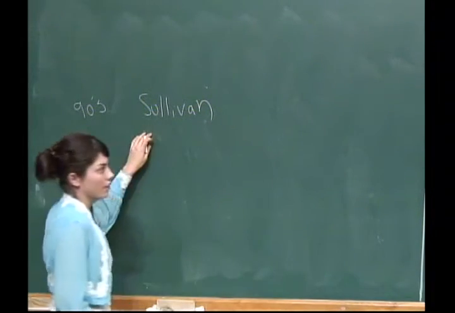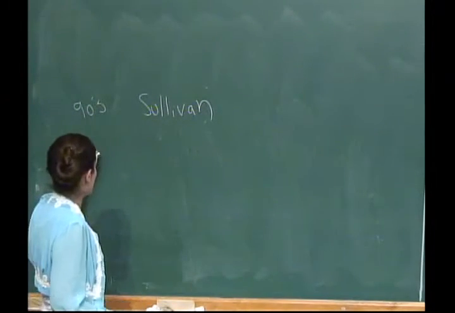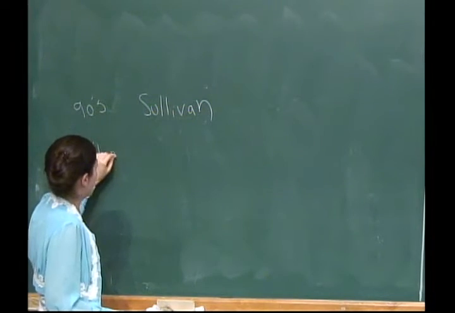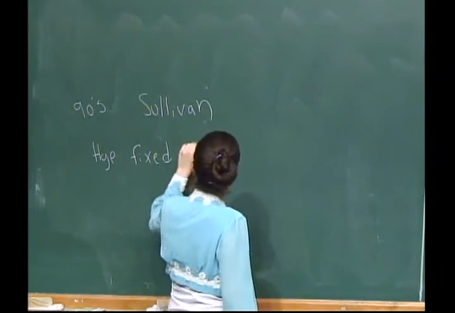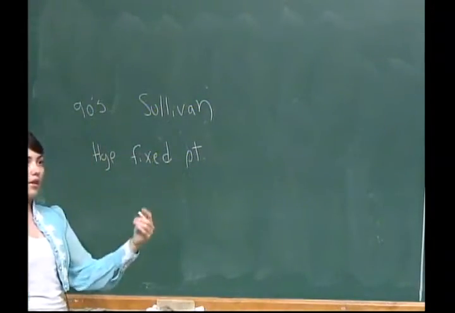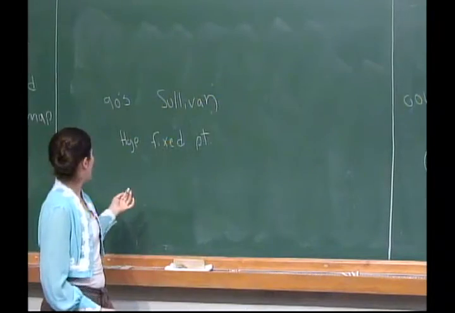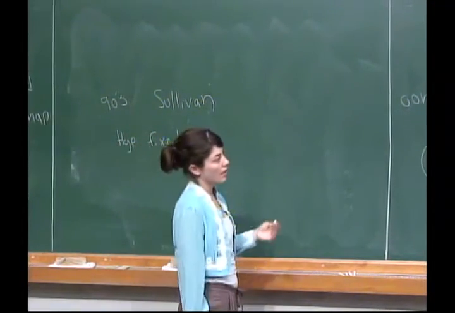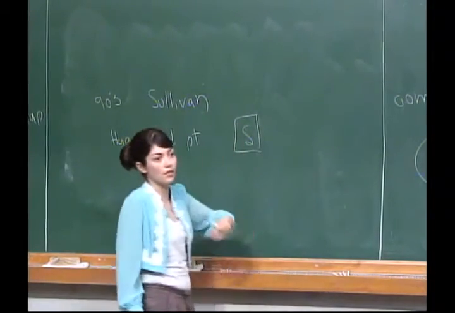And so Sullivan gave a conceptual proof of the fact that these constants are universal. And it's basically, there's a hyperbolic fixed point for the renormalization operator, which is the one that turns these boxes into like the rescaling. And the hyperbolic fixed point has some eigenvalue, and the eigenvalue turns out to be this constant that you can see in all the families.